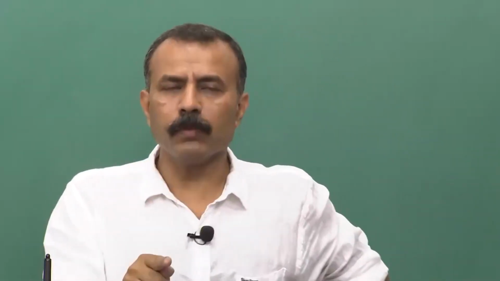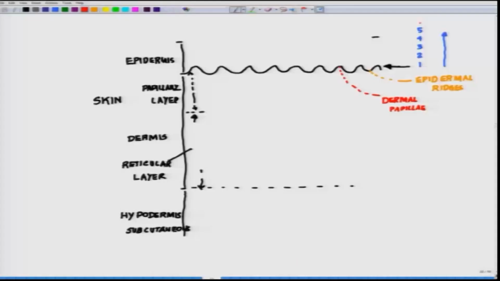So, with this background I will now name those 1, 2, 3, 4, 5 layers that you see out here. In the next slide we will name all these layers. If we call the lowermost layer 1, it stands for stratum germinativum.